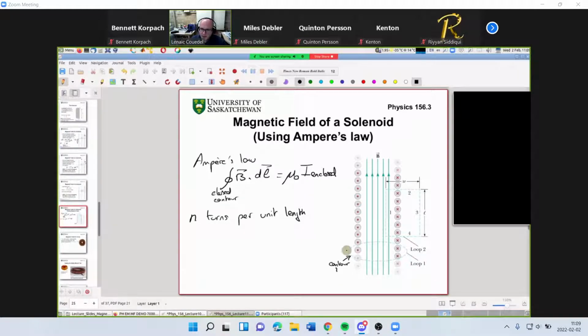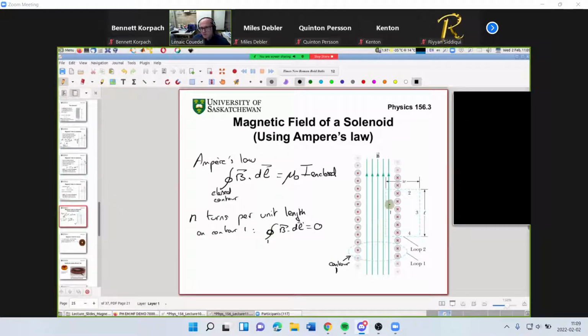What would be the enclosed current in this path here that goes around my solenoid? Would it be 0? Exactly, 0, okay? You have the same number of wires going in as wires going out. So the total current is 0. So on contour 1, B dl equals 0. So the only thing I know is, it's not very useful. Okay, so I have 0.